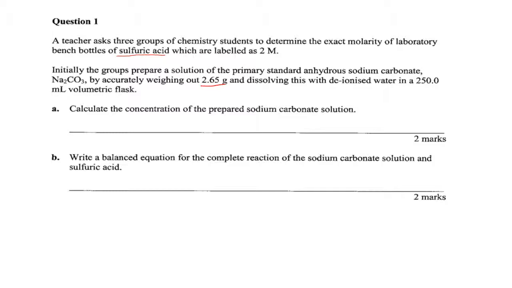Now the first thing we need to do is get our number of moles. So n is m over M. We've got 2.65 grams and the molar mass of sodium carbonate is about 106. This gives the nice round number of 0.025 moles.